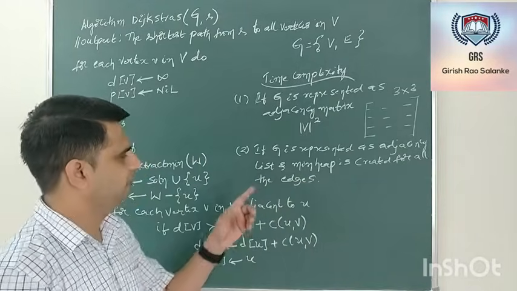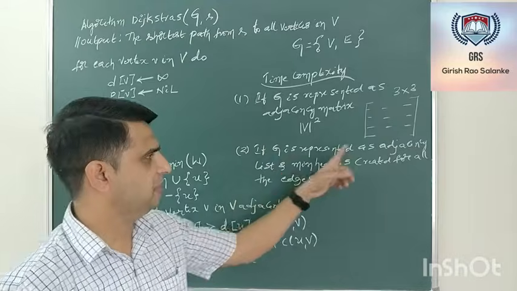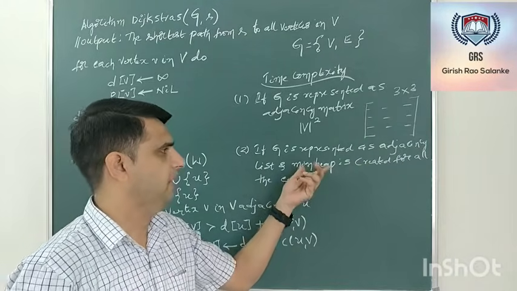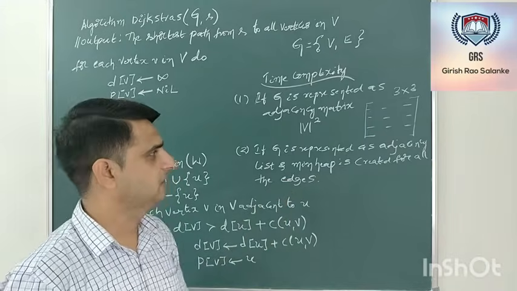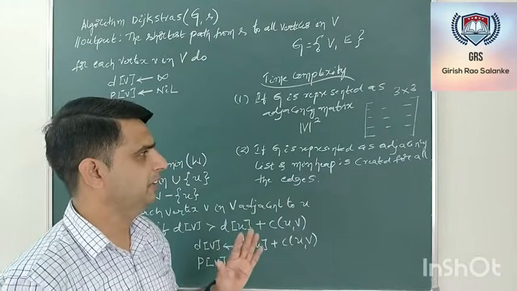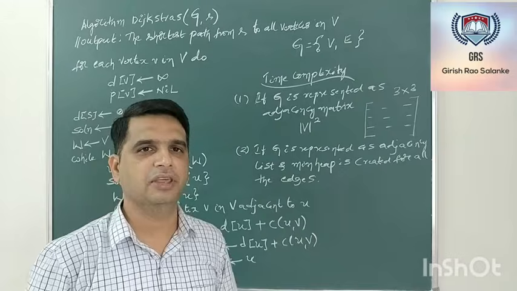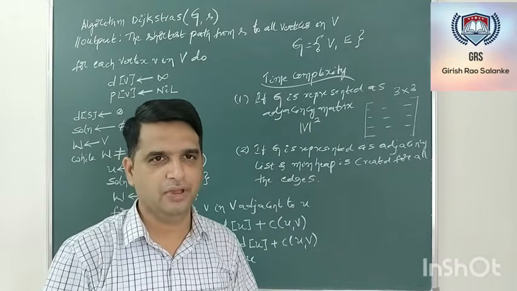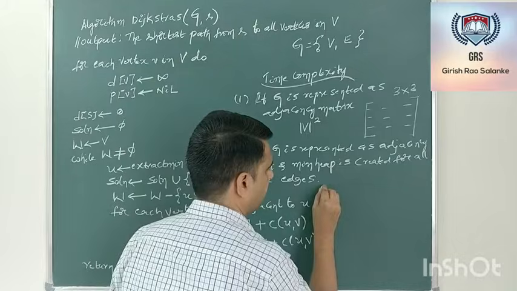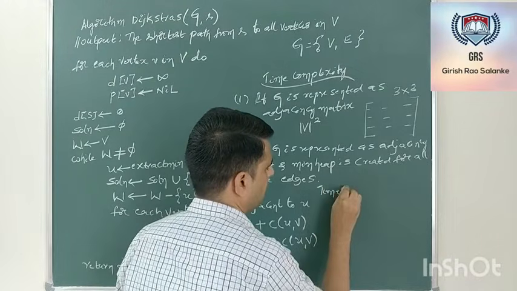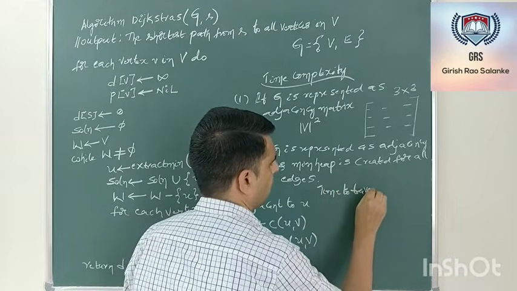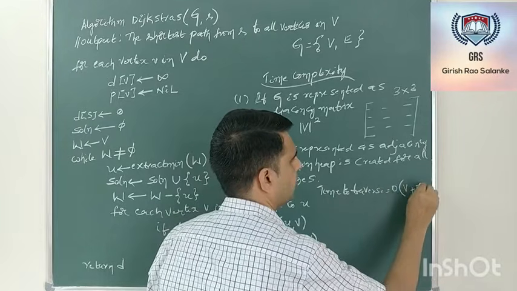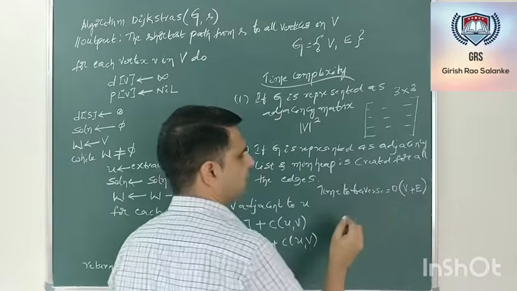Note that in the second case, G is represented as an adjacency list and a priority queue is implemented as a min heap for all the edges. Now the efficiency depends upon the time taken to traverse each of the nodes. In the case of the BFS algorithm, we have noted that the time to traverse is order of V plus E.